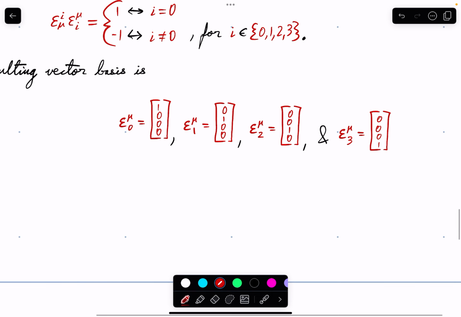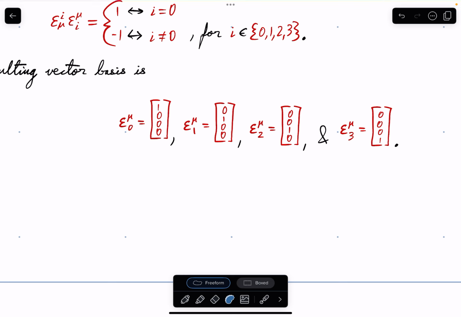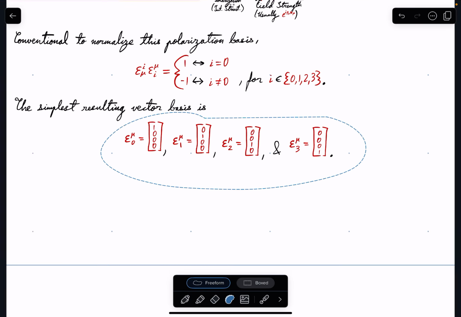Okay, so we get these as the simplest resulting vector basis.